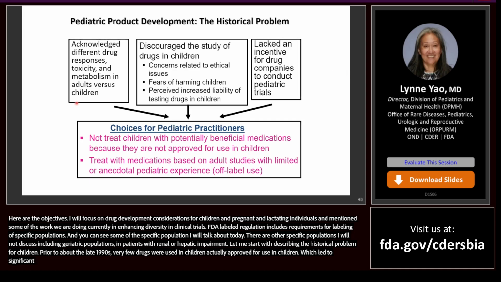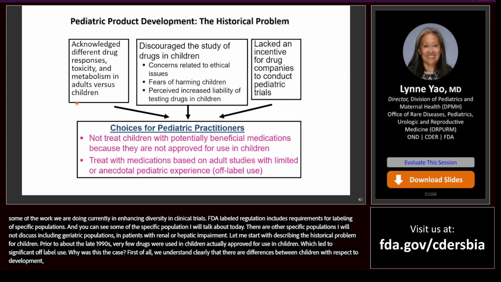Well, first of all, we understand clearly that there are differences between children with respect to development, drug metabolism, and potential toxicity issues that require that we study drugs in children if we're going to use them in children. But often those studies were discouraged because of many issues, including ethical issues, fear of harming children, and of course perceived liability.